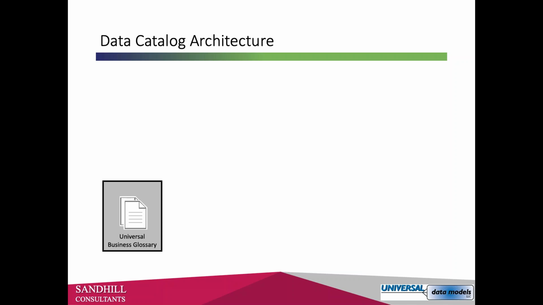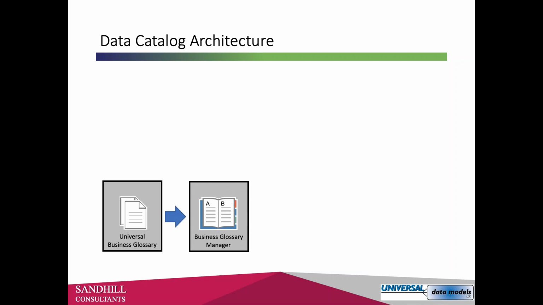So in this case, we're looking at the Erwin DI product. So you can import those into what Erwin calls the Business Glossary Manager. So now you've ingested this information into the Business Glossary Manager, which can now begin to manage your glossary, do things like data governance, do things like change management, and things like that.